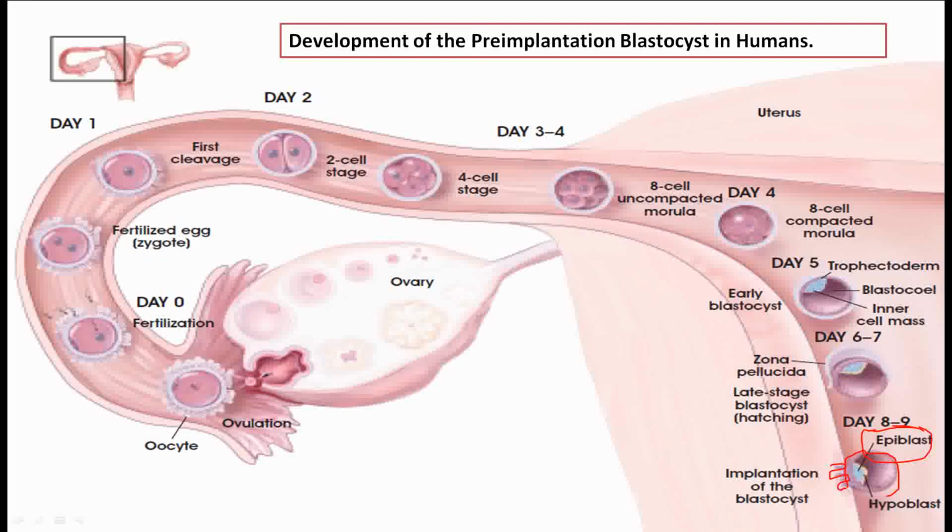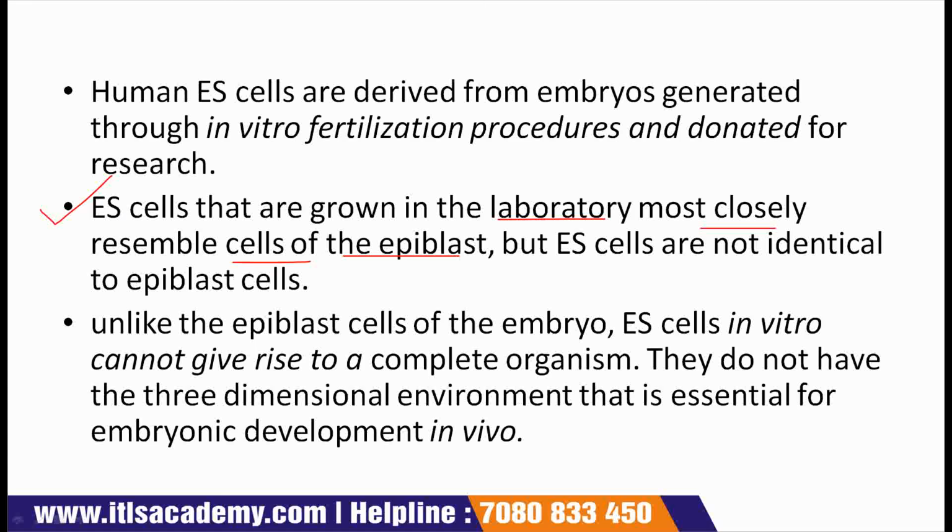This is the attached blastocyst, and the upper portion of this blastocyst is known as the epiblast. So if the embryonic stem cells are growing in the laboratory, that is ex vivo or in vitro, these cells resemble the epiblast, but embryonic stem cells are not identical to epiblast cells.